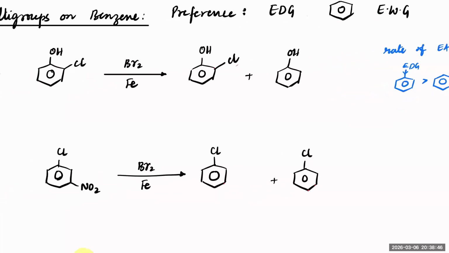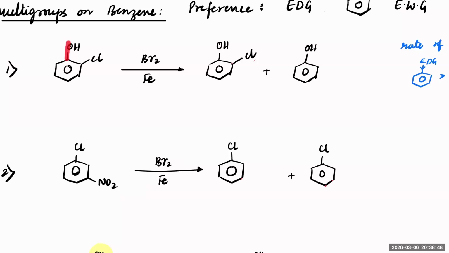So within the groups, if you notice, OH is more donating and it will keep ortho and para more activated.